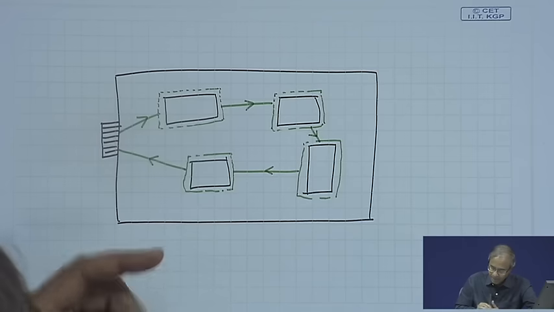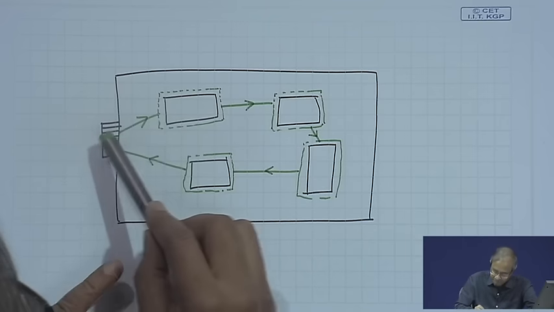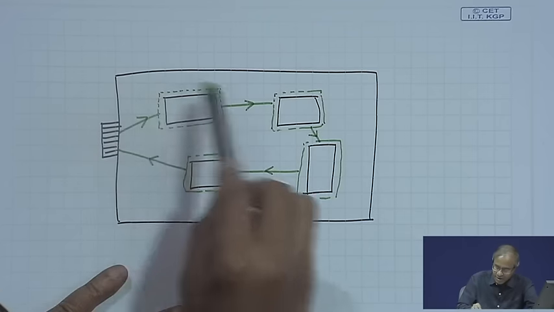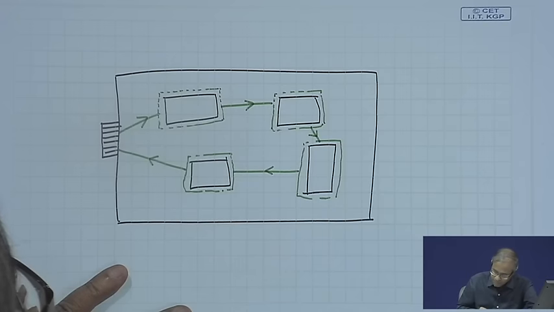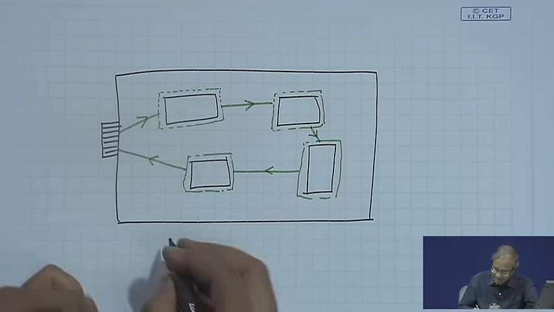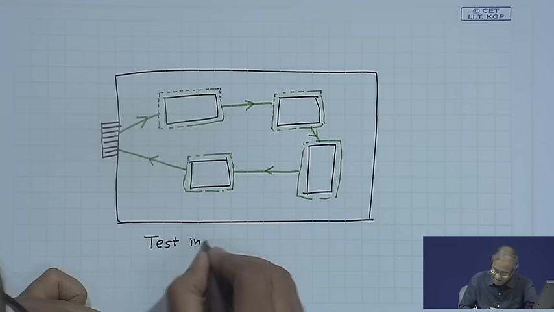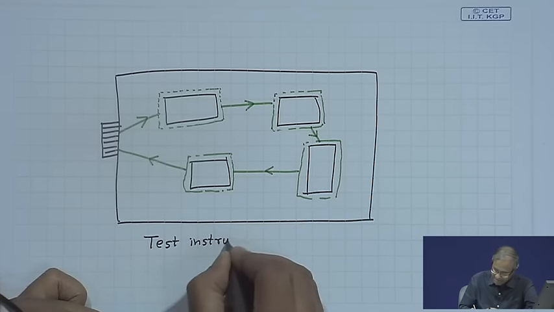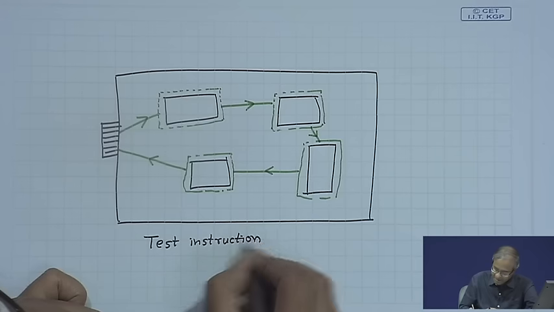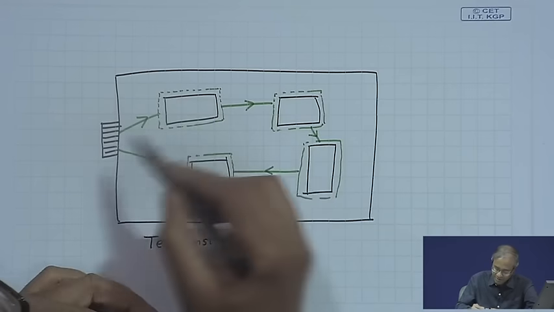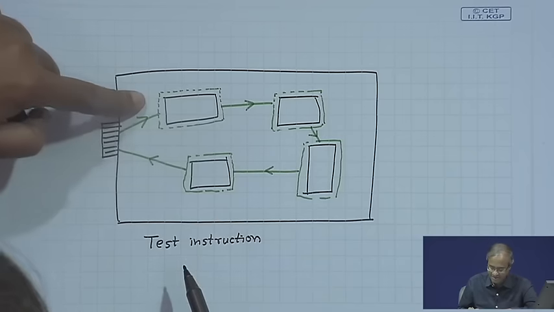Now, how do I do test? First, I must tell from outside what kind of test I want to do. That is done using something called a test instruction. This is like having a very simple processor in this wrapper, where I am serially feeding in an instruction.